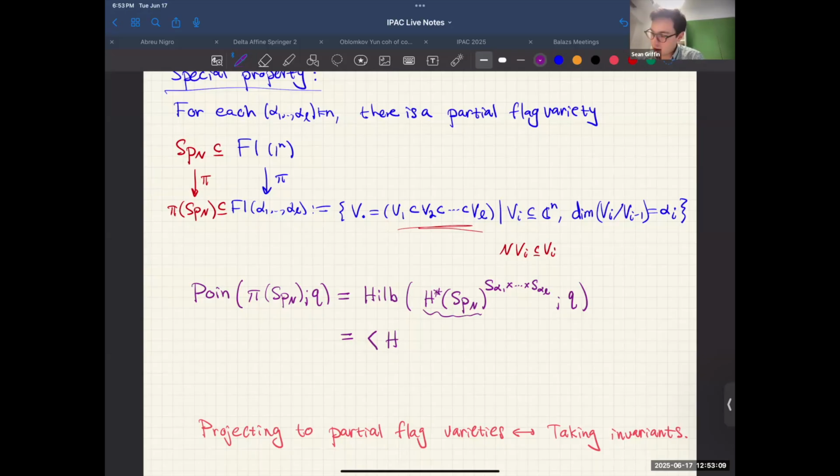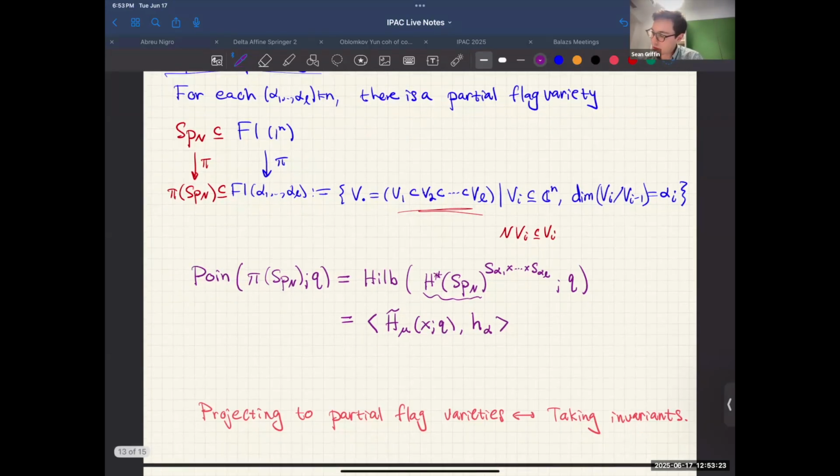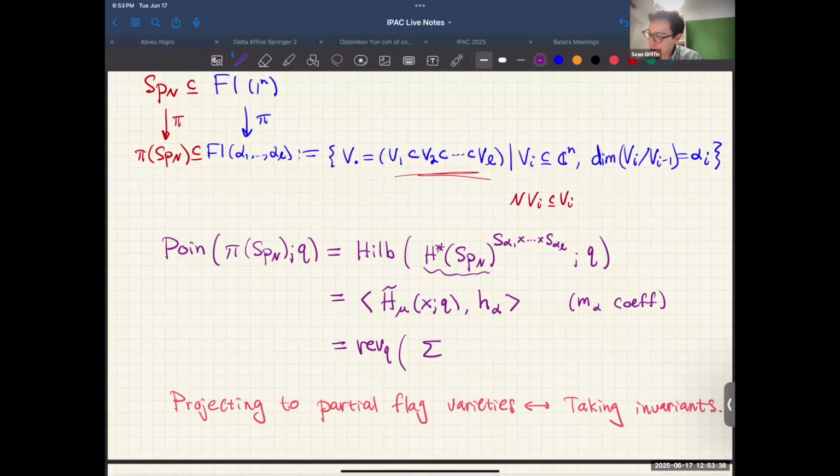And then when you take invariance, you're just taking H mu tilde and taking the inner product with H alpha. Or in other words, the M alpha coefficient of H mu tilde, or combinatorially, it's the reversal of what you get by summing over the same kind of tableau.